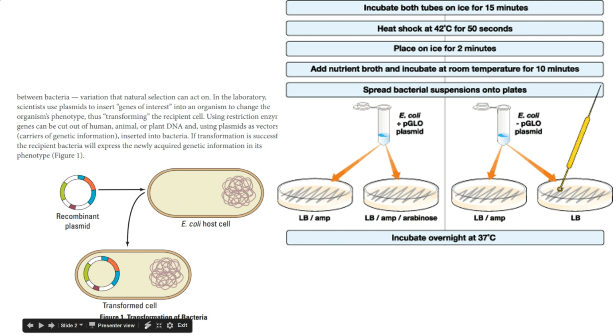And to make it receptive, you actually heat shock it. So you get it really cold, and then really hot for a very specific amount of time, and then you put it back on the cold, and that process of heat shocking makes these E. coli more receptive to picking up the plasmids from the environment.